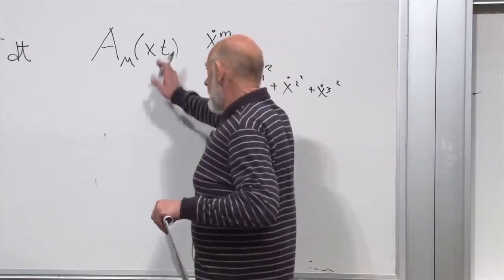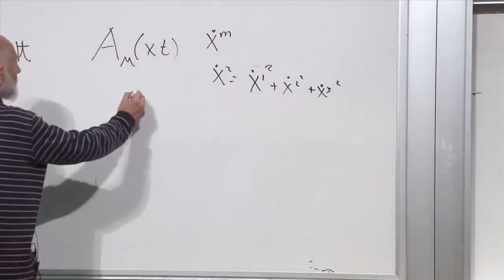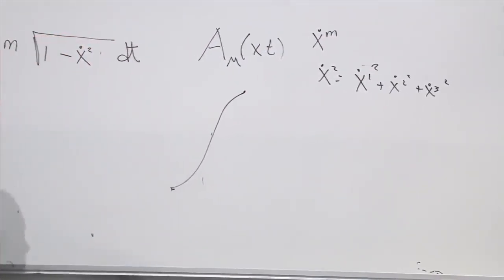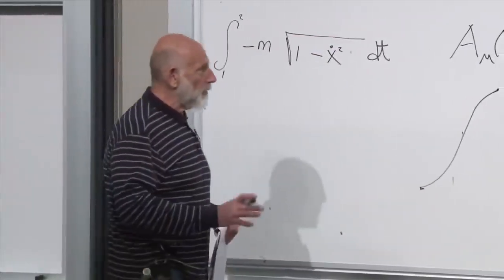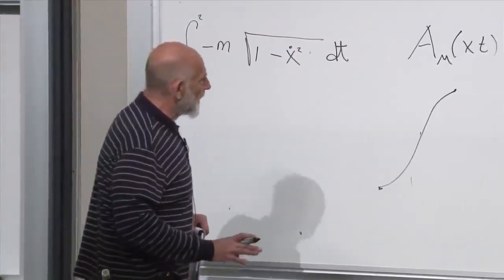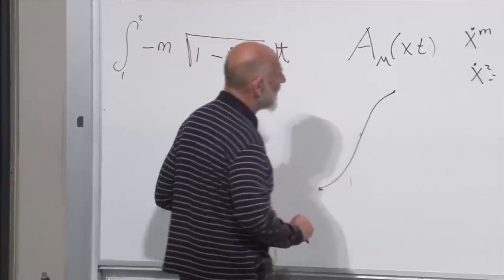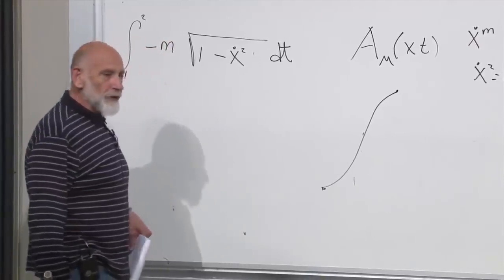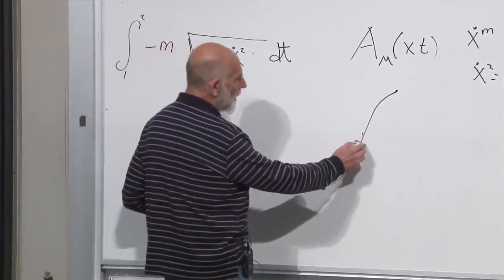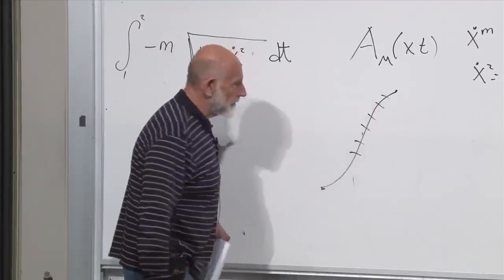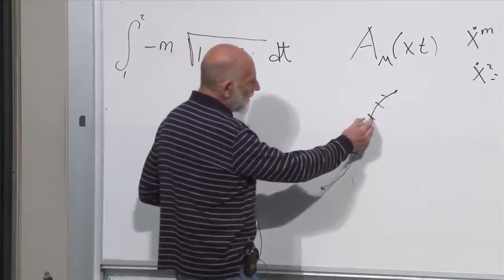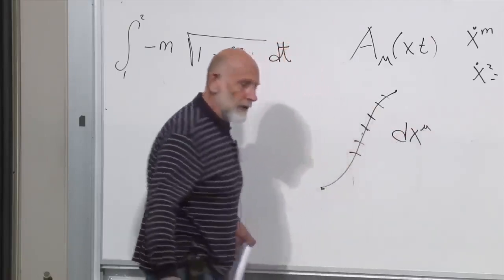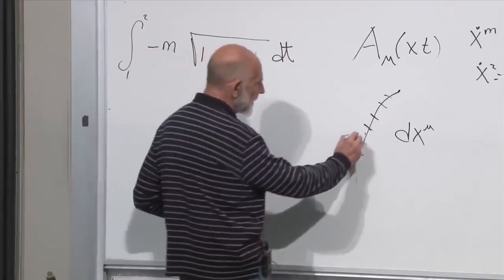But what do you do with it to construct an action for the particle in the electromagnetic field? The answer is very simple. It's in many respects simpler than what we did with the scalar field. A mu is a field with a lower index. The natural thing to do with it along a trajectory is to take a little segment of the trajectory described by dx mu, a little 4-vector from here to here.